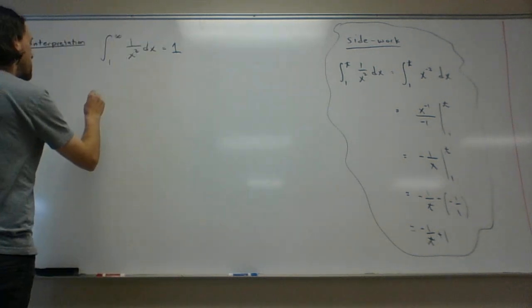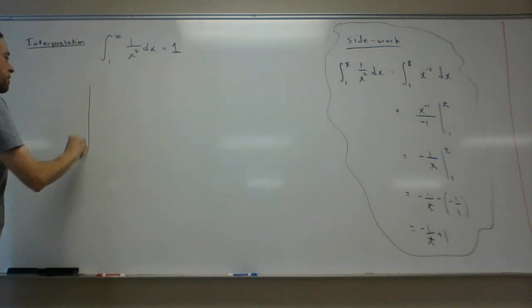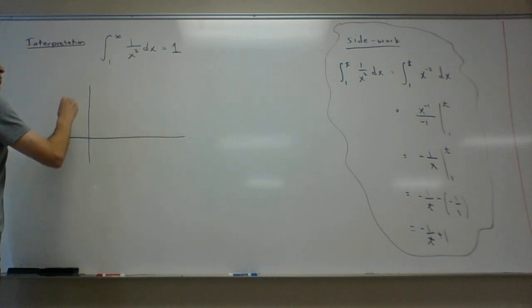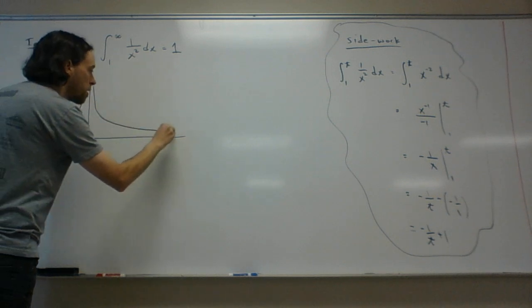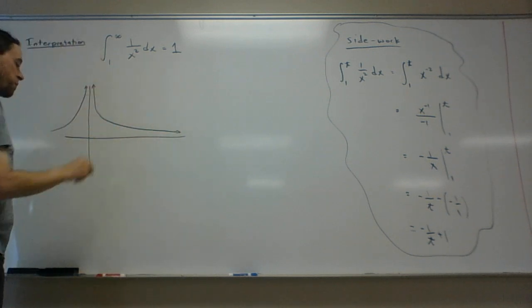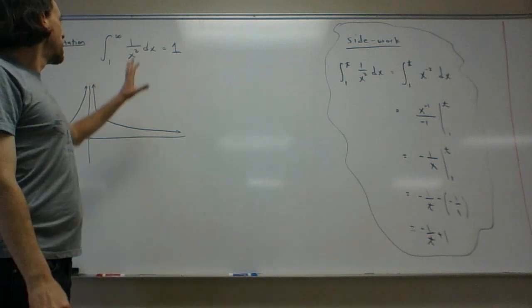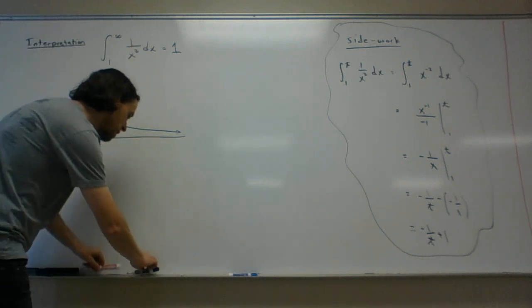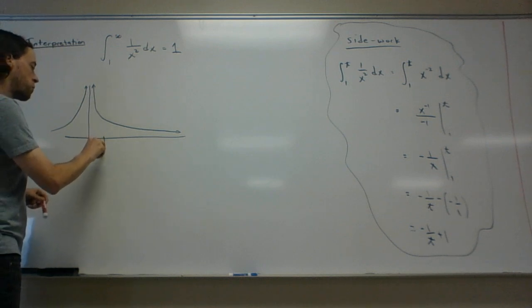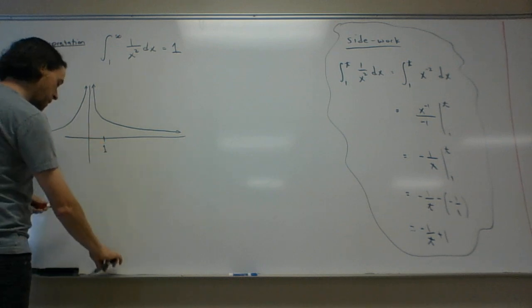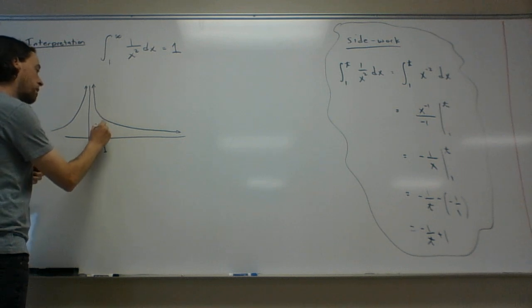The interpretation is that if we look at this 1 over x squared, of course we don't really care about the part of it that's over here. But the part that's over here represents the area from x equals 1 to infinity. And so let's shade this region.